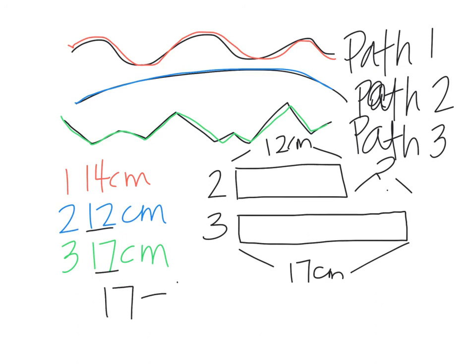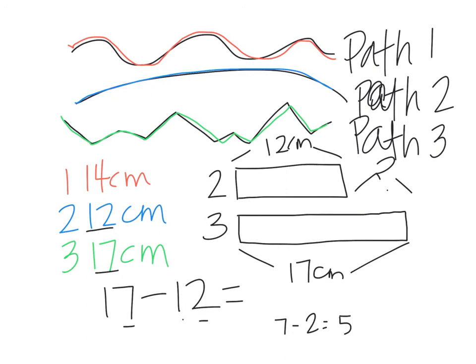17 minus 12 equals. Now I can use my ruler to help me with a number line, and I can just count on from 12. Or I can do 17 minus 12 because I know 7 minus 2 equals 5.